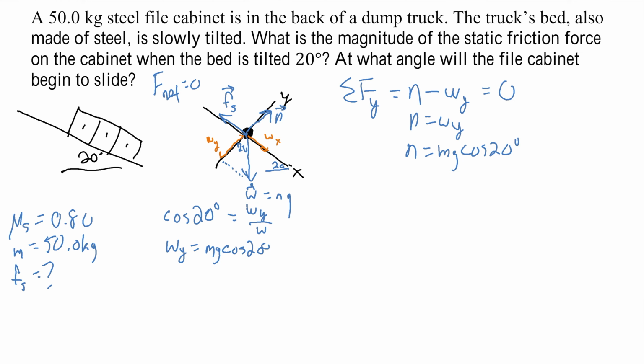So we can substitute n in for W sub y in that equation, right? We did solve for n. F sub s is equal to mu, that... No. That is not an equation. We don't have that equation. That equation only works for F sub s max, and we're not looking for F sub s max.